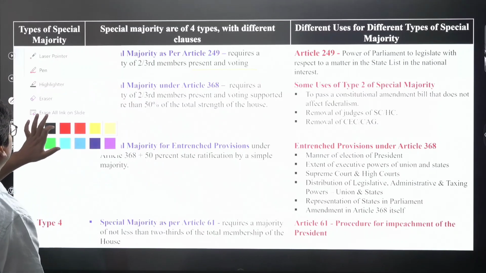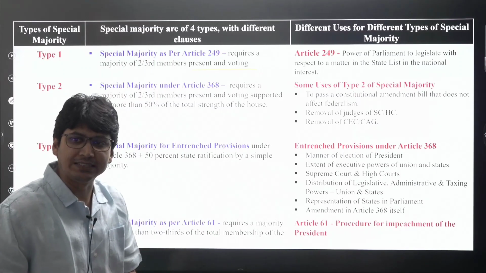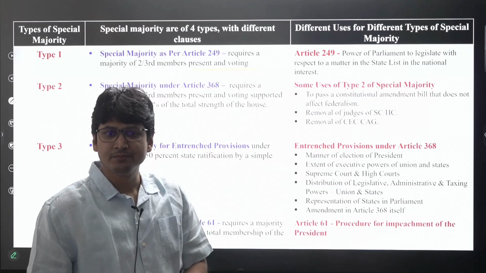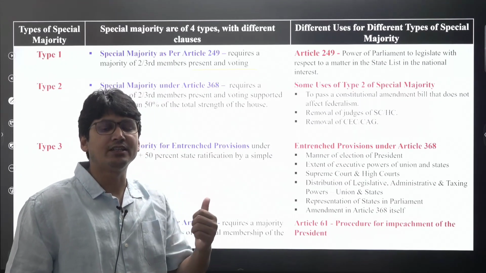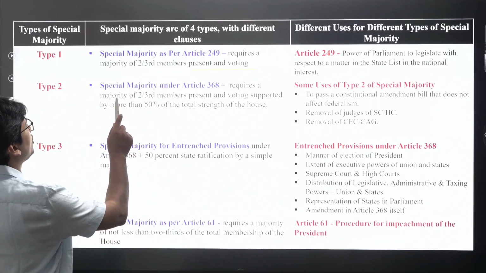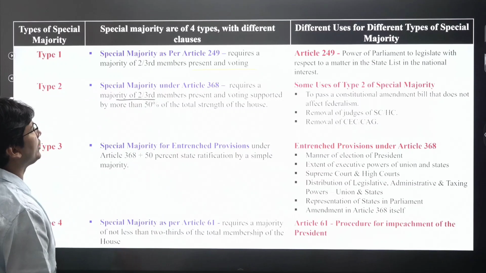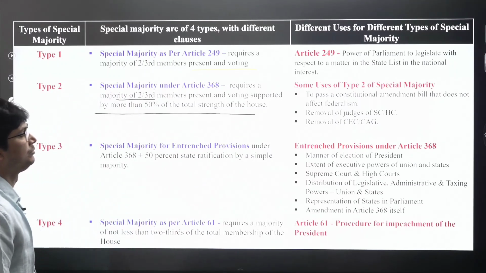Next, special majority under Article 368. I think this is what you were asking yesterday, Krishna, right? So type 2 is the type of majority mentioned under Article 368. What does Article 368 say? It requires a majority of 2/3 of the members present and voting, supported by more than 50% of the total strength of the House.